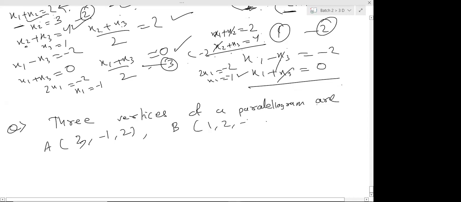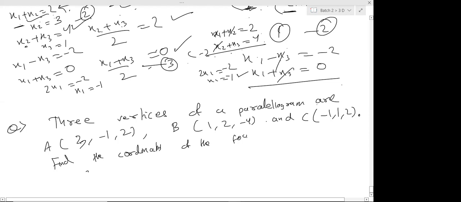B is 1, 2, minus 4. And C is minus 1, 1, 2. Find the coordinates of the fourth vertex. All right, try to solve this question. I'll give you a few minutes.